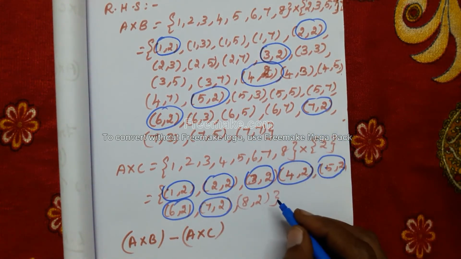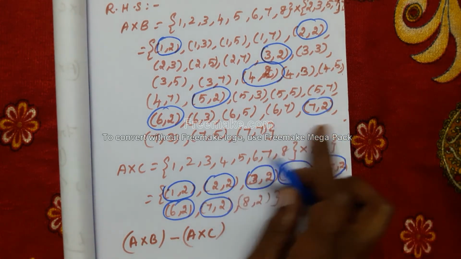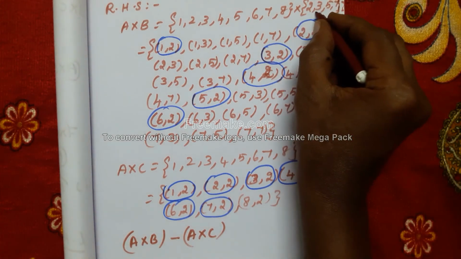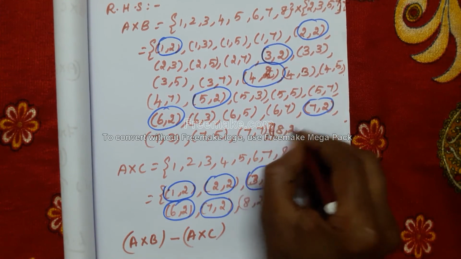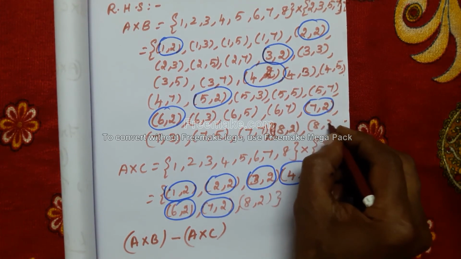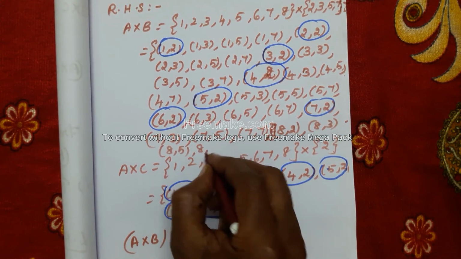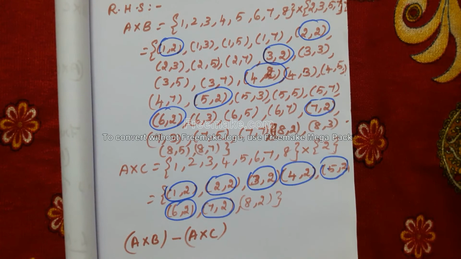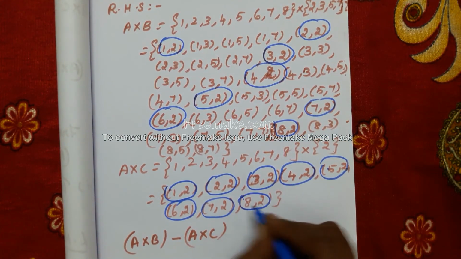Next (8,2). Here one more line will be (8,3), (8,5), (8,7). So (8,2) both also having, here also having.